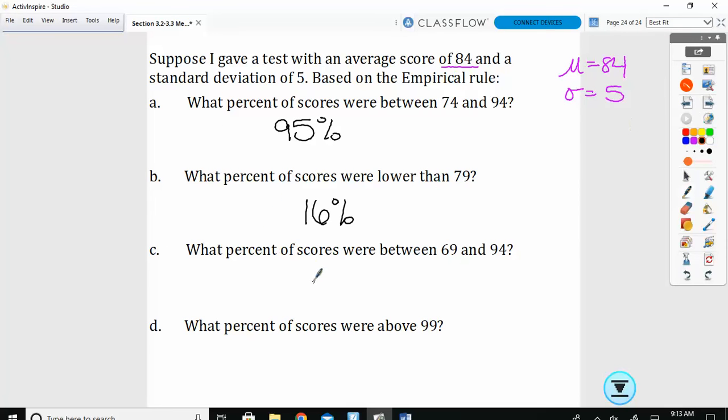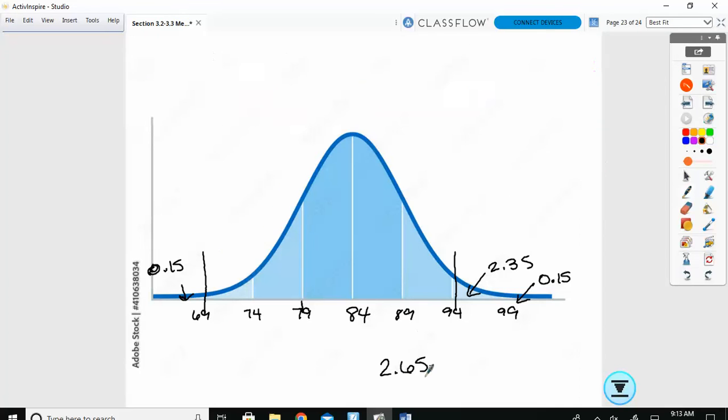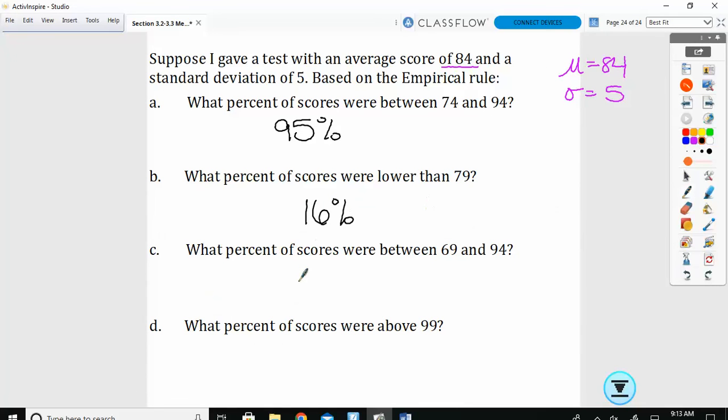We want to know what percent were between them. So, yeah, you could do 100% minus that. Like I said, it's the same thing as if you just added all of those up, so different ways of thinking about it. You get 97.35%.